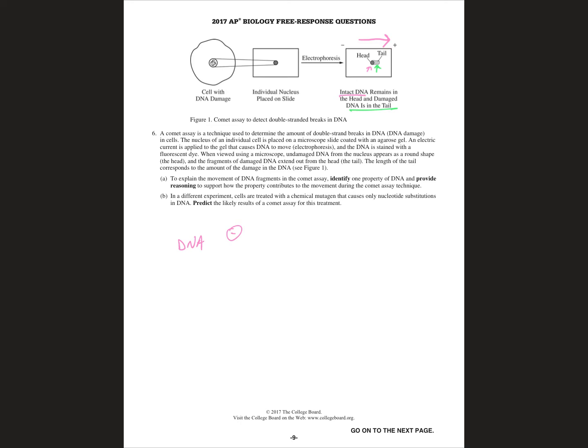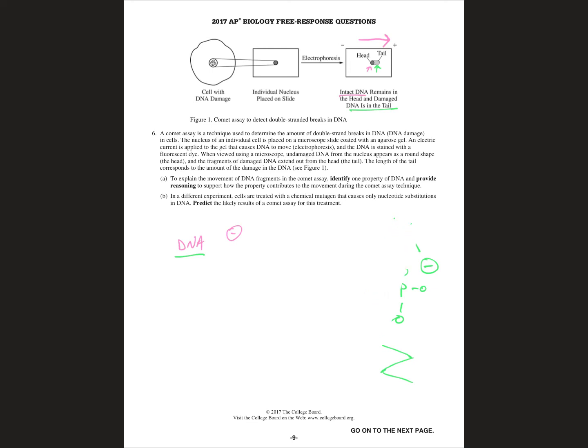I need to know that DNA has a generally negative charge, and I should know that because it has a sugar phosphate backbone, and phosphate is 4 oxygens on a phosphorus, which is negative, so you have a generally negative charge to a DNA molecule.